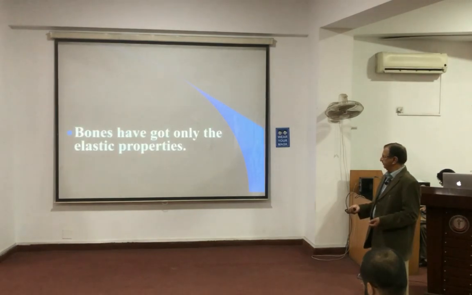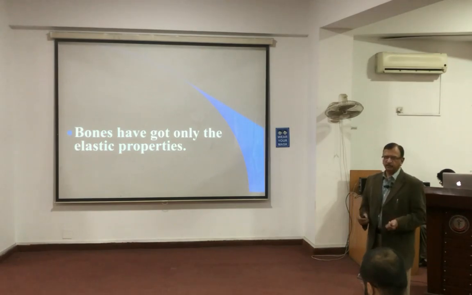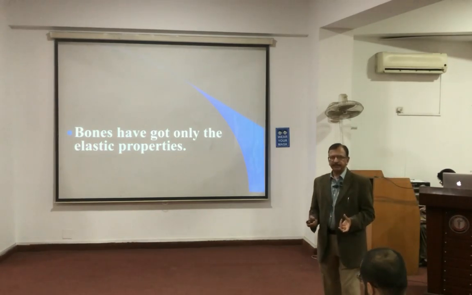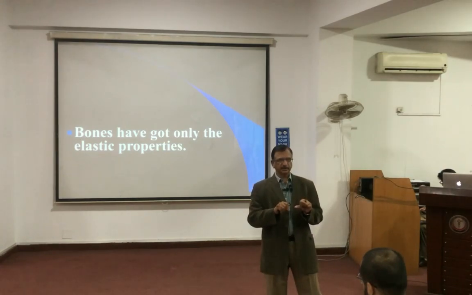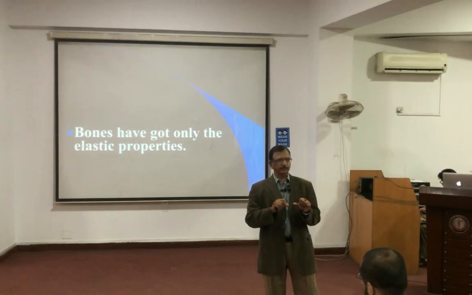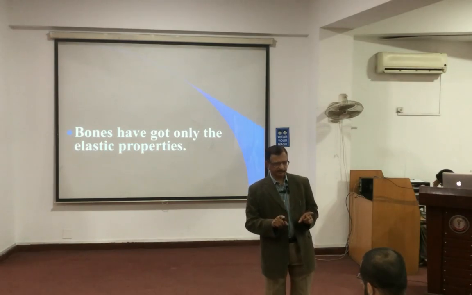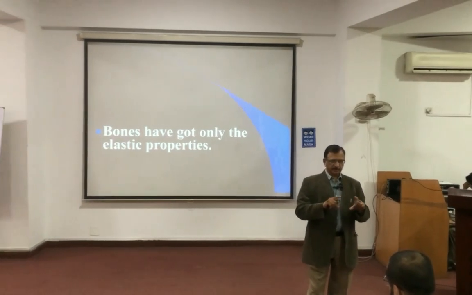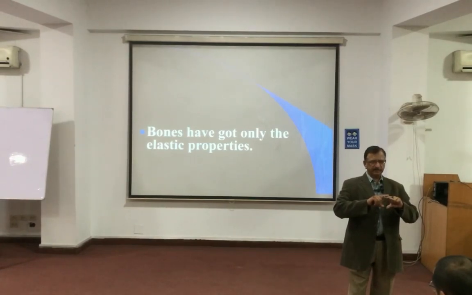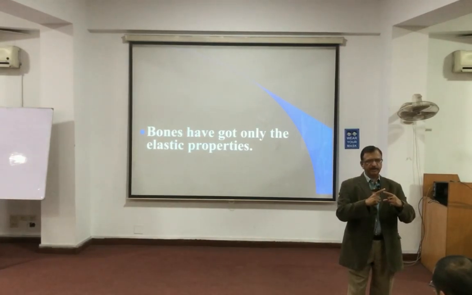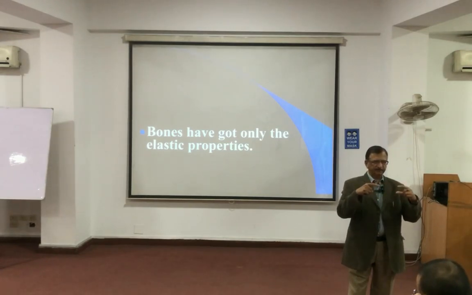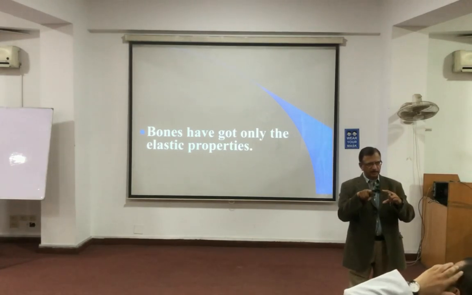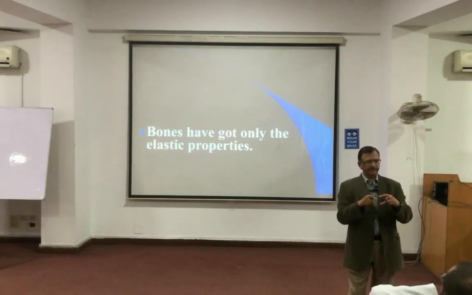Similarly, the bones have elastic properties. When the amount of force is up to their elastic limit, it bends. But when the limits are crossed, then the fracture will occur. Initially, there will be a fracture on the opposite side. When the bone is bent like this, the fracture will be on the upper side, on the convex side, not the concave side.